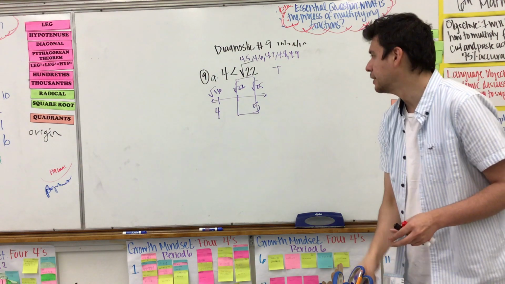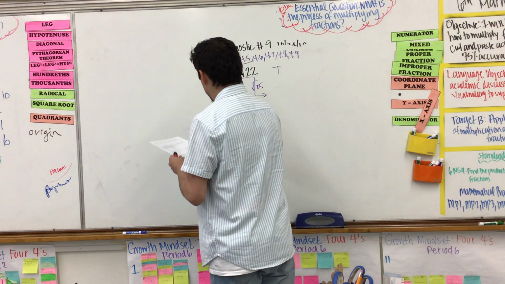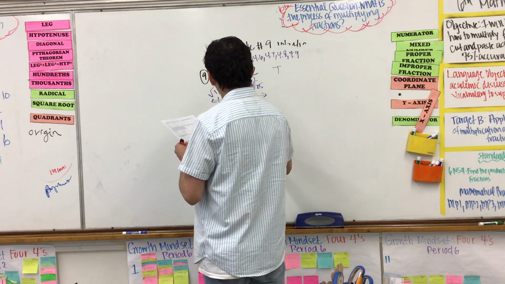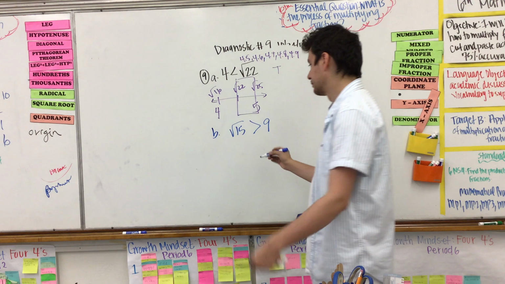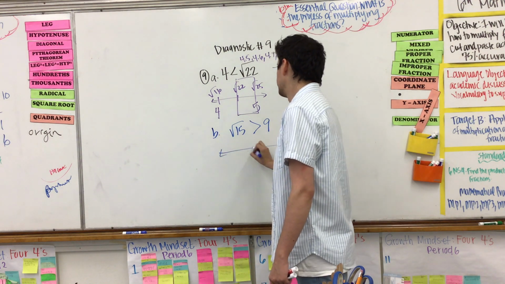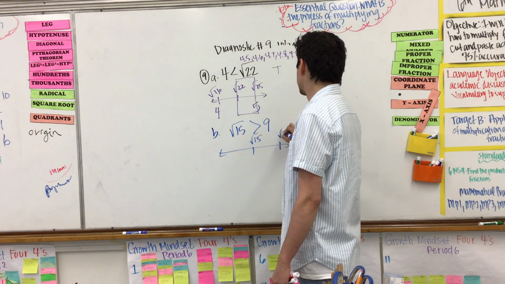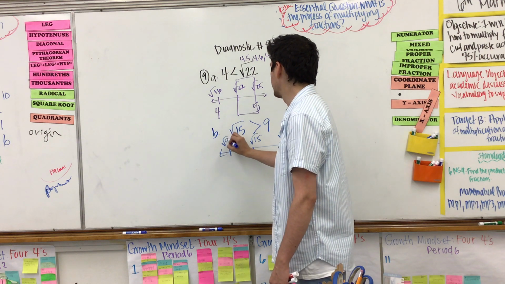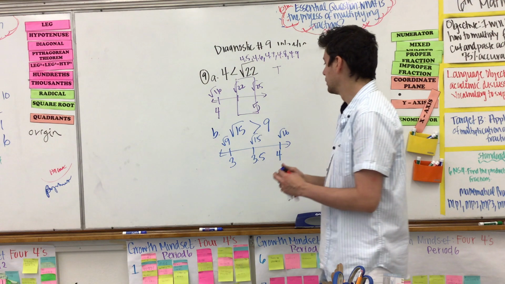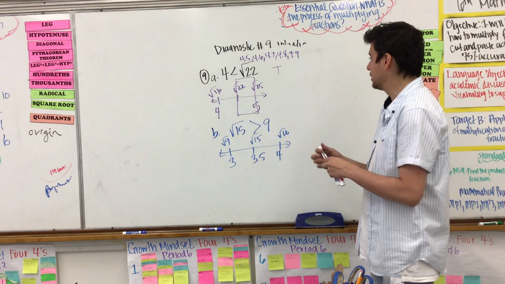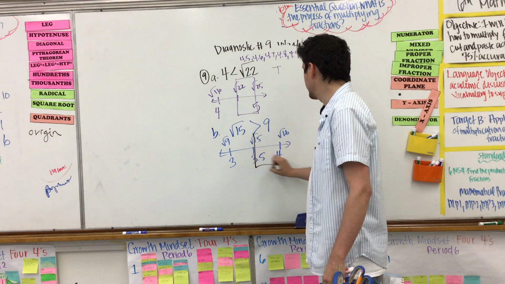Same thing. Square root of 15 greater than 9. Square root of 15, that's 16. That's the square root of 9. 3, 4, 3.5. Square root of 15, so this was true, is over here.